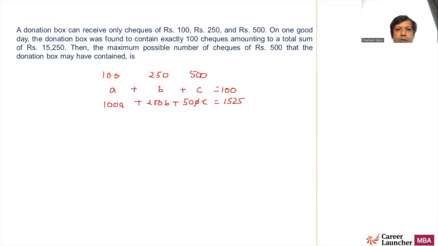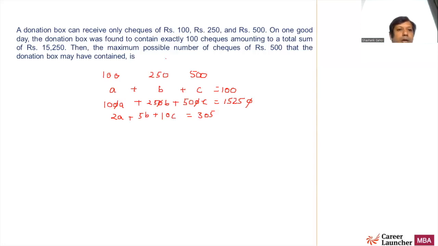So first of all, I'm going to cancel 0 over here. Now I'm going to divide everything by 5. So I'm going to get 2A plus 5B plus 10C equals 305.